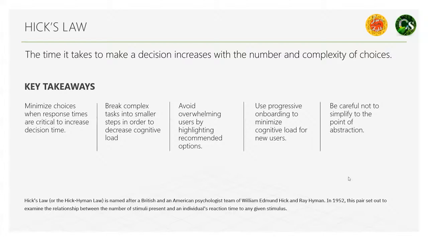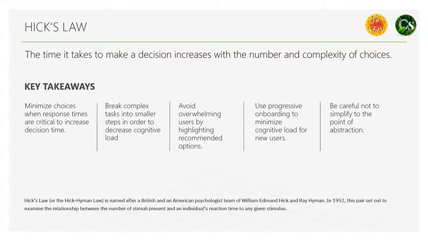The key takeaways are: minimize choices when response times are critical, to decrease decision time. Break complex tasks into smaller steps in order to decrease cognitive load. Avoid overwhelming users by highlighting recommended options. That means whenever you highlight certain steps or options, users are bound to go and click on those highlighted items.